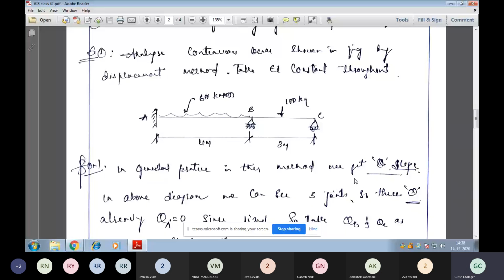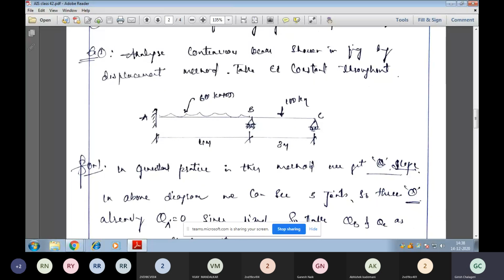Instead of finding kinematic indeterminacy, going with the formula and detecting the unknowns, it will be difficult. Simply, I have told you a simple method to find the unknowns. That is kinematic indeterminacy. What is the degree of kinematic indeterminacy for this member? As I told you, check the number of joints.